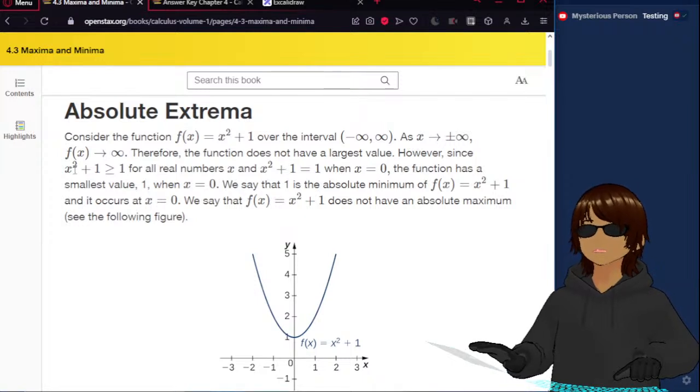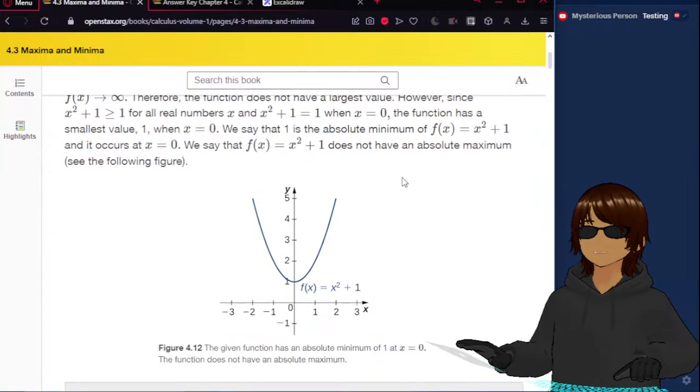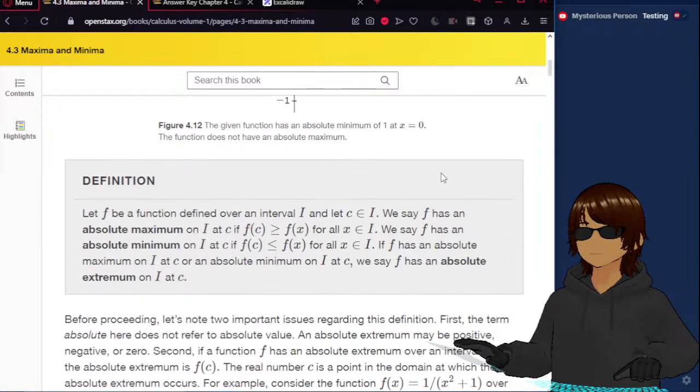However, since x squared plus 1 is greater than or equal to 1 for all real numbers x, and x squared plus 1 is equal to 1 when x is 0, the function has its smallest value 1. We say 1 is the absolute minimum and it does not have an absolute maximum.